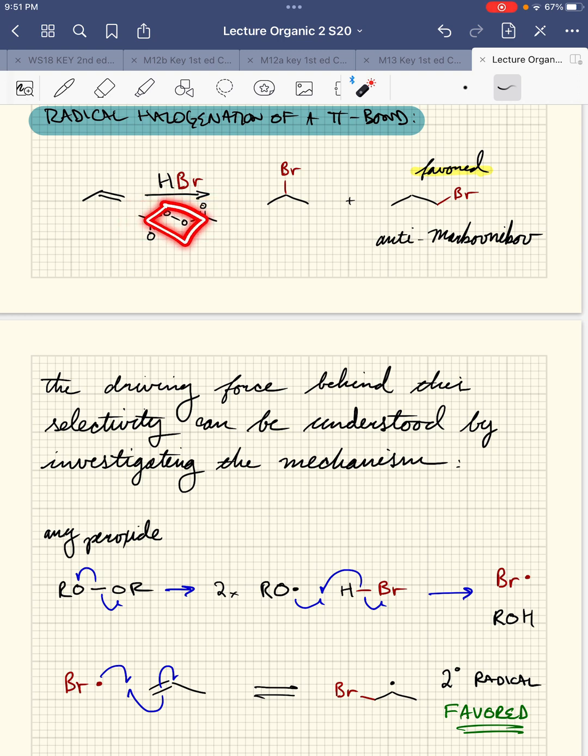This oxygen-oxygen bond right here is very weak and splits either with heating or with relatively low wavelength light. So here I just have a generic scheme where I have the oxygen-oxygen bond splitting homolytically to yield two of these radicals. This radical then reacts with HBr, abstracting hydrogen, to yield bromine radical.